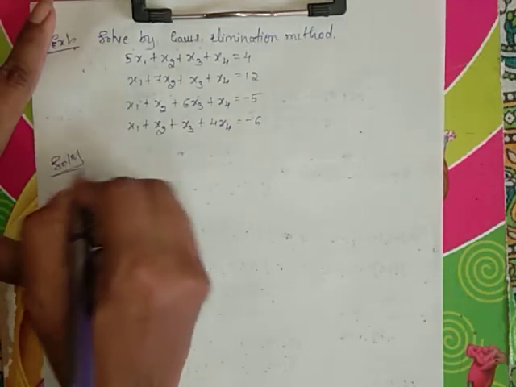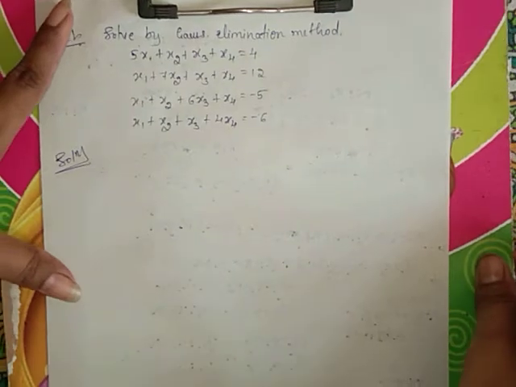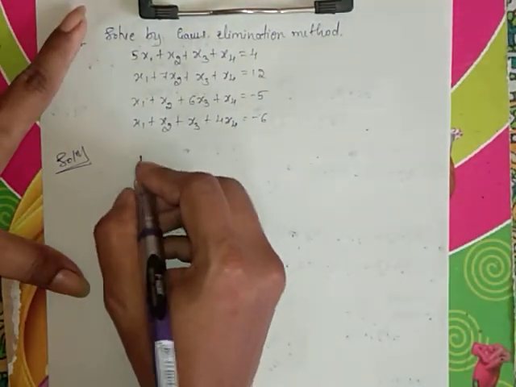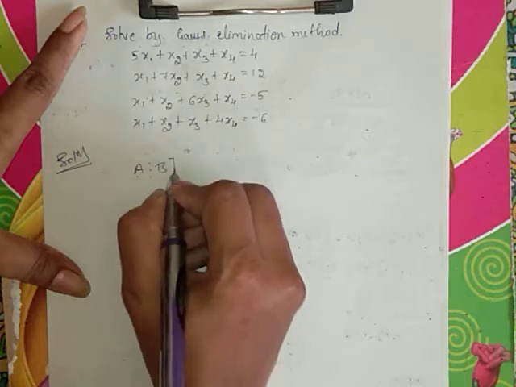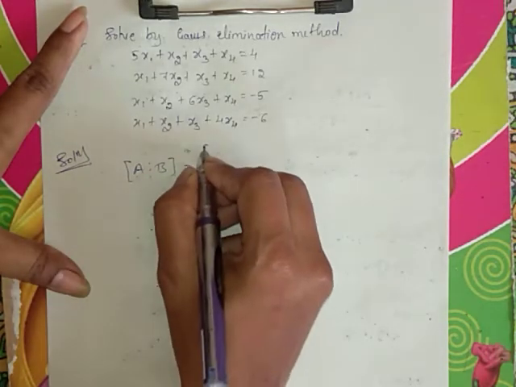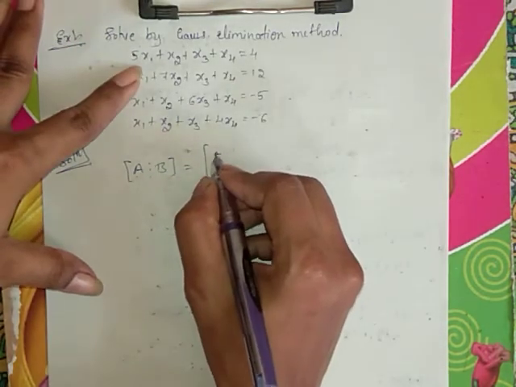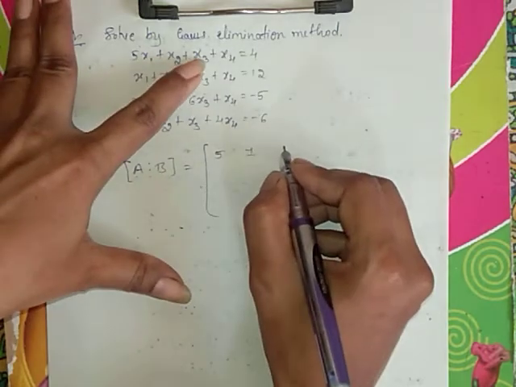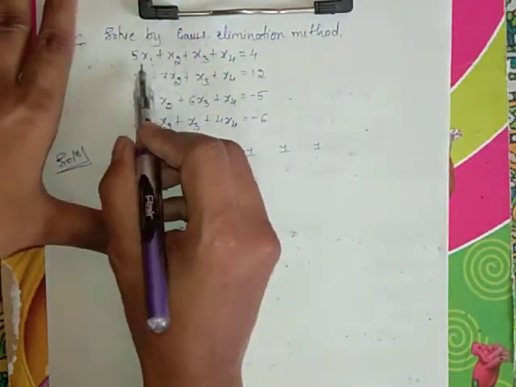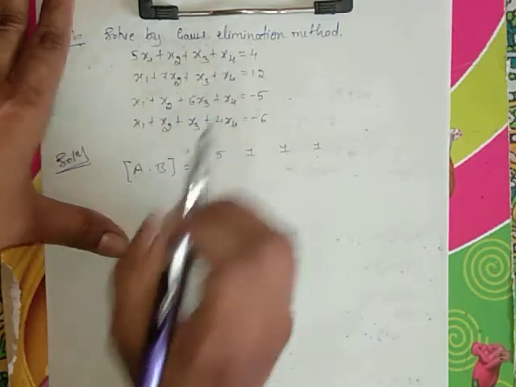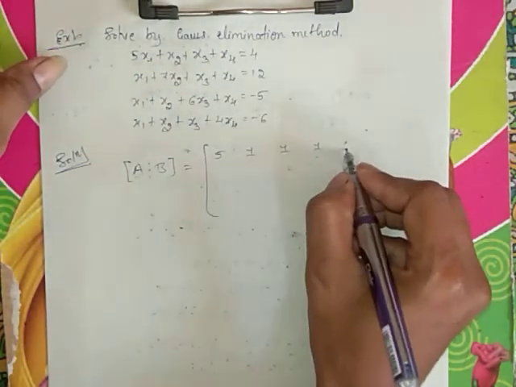Solution. So first I am going to write the augmented matrix. 5 1 1 1, instead of x, y, z, here the notations x1, x2, x3 and x4 will be used, 4.